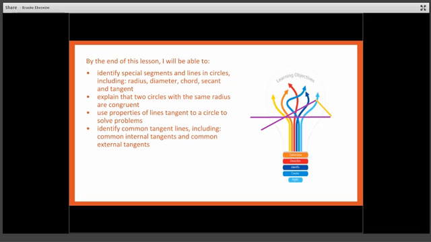Because we have tangents perpendicular to radii in our triangle, we can say that AC is perpendicular to AB. So let me color code those for us. AC is this radius that is perpendicular to this tangent. So I can say the tangent is perpendicular to the radius.